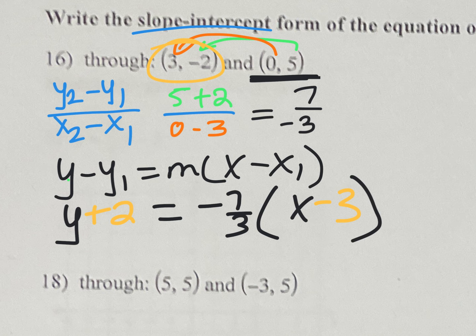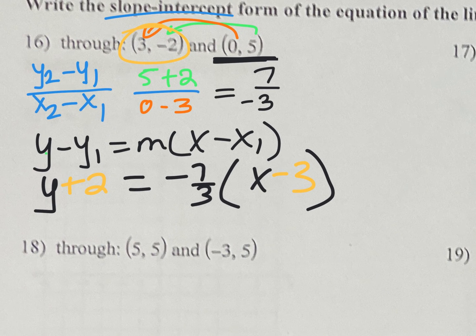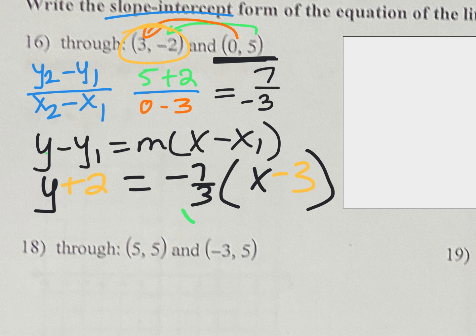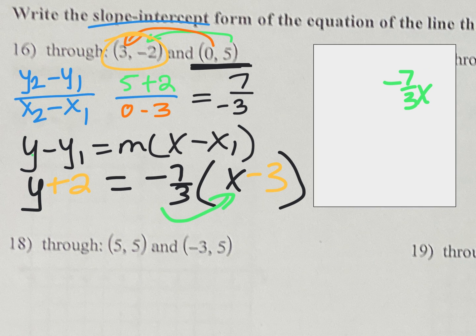All right. So far, I've got point slope, but we need slope-intercept form, right? I meant to add a rectangle so I have something to write on. Okay, you're allowed to use calculators tomorrow, but here's a shortcut. So first of all, to distribute that -7 over 3 times 3.